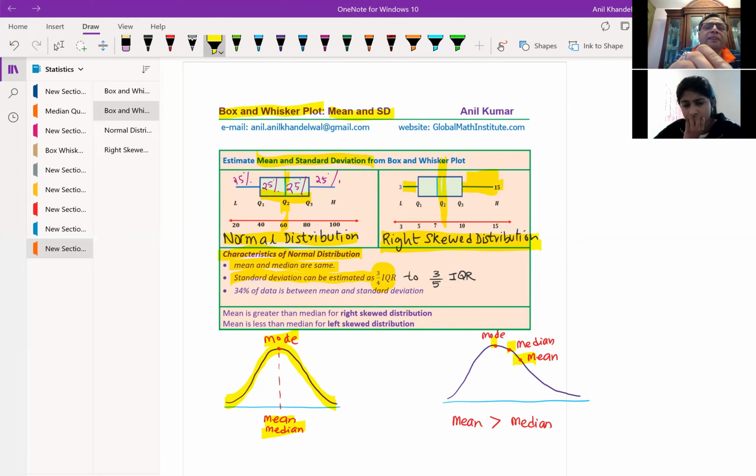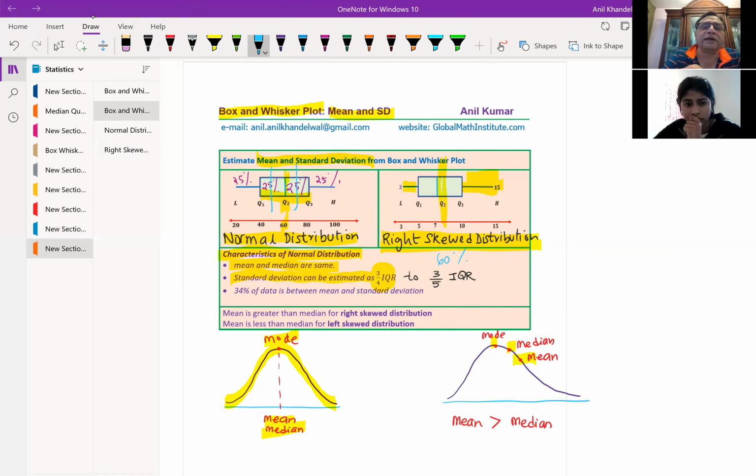So we say that this is somewhere in between this range, which is three-fourths of that particular range. We don't know exactly where, but that's an estimate on the higher side. On the lower side, we say it is around 60%, so three-fifths of the interquartile range.